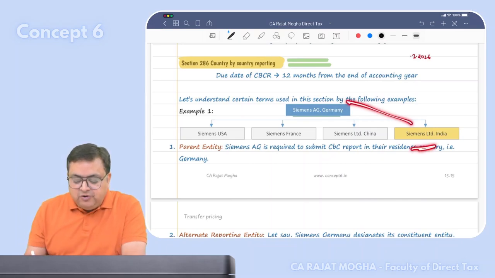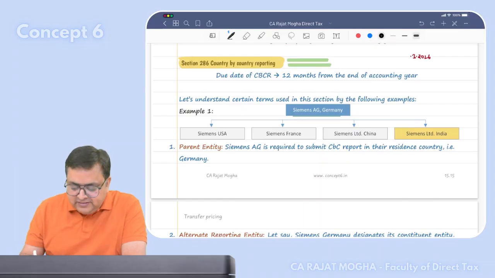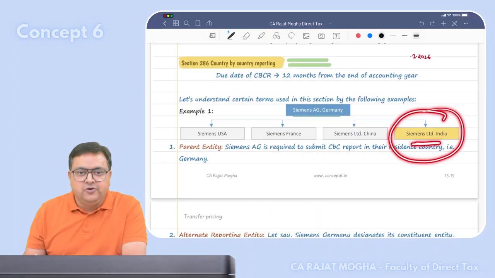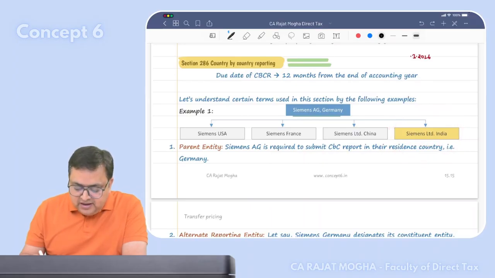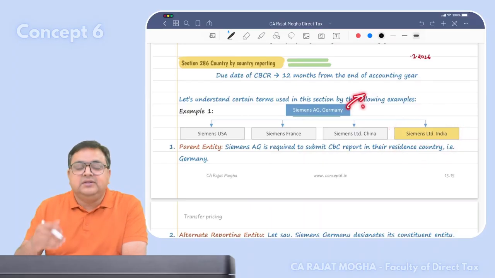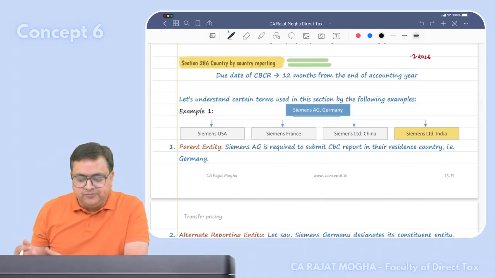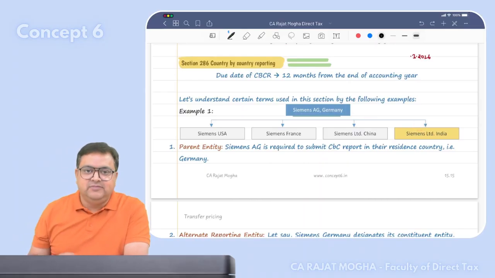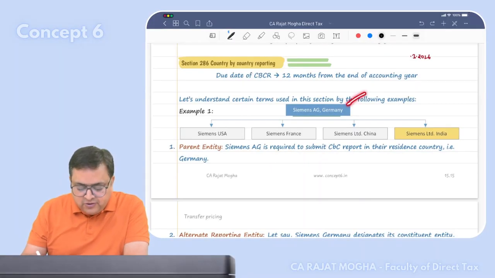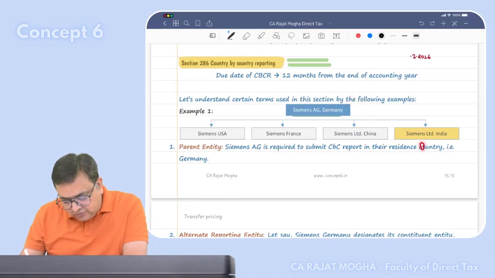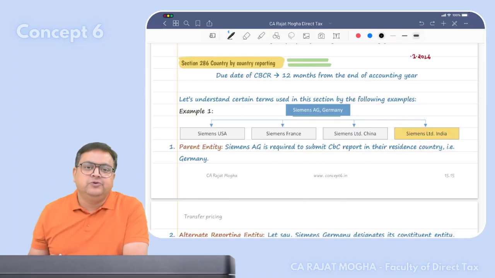So obviously we will not be able to get the report. So in that case, this person is supposed to file the CBCR. Got it? Again repeating, if in the home country there is no CBCR law, then obviously Siemens India has to file, since in India there is a law. Or let's say there is a law, but we don't have an agreement with them. Then obviously Siemens India Limited has to do it.